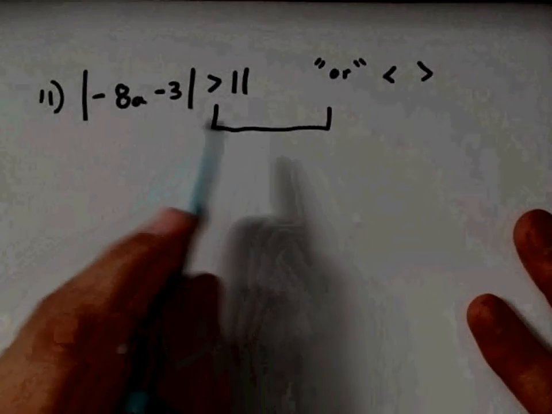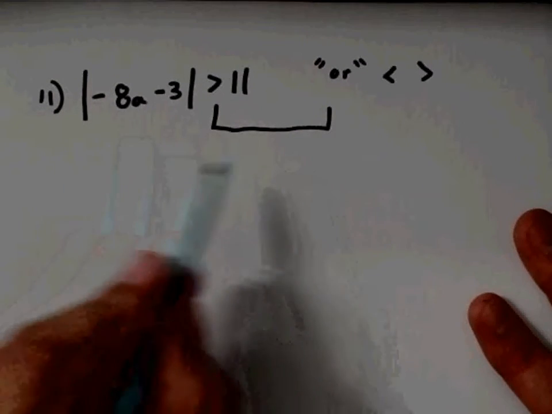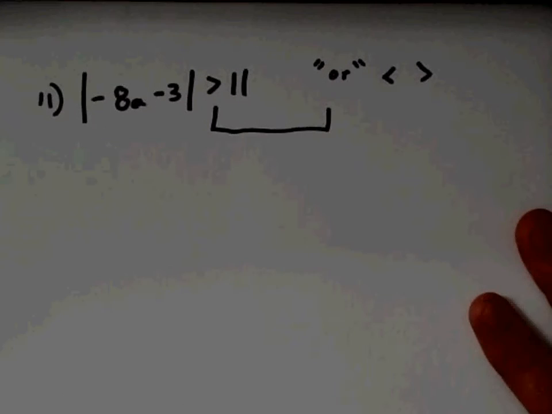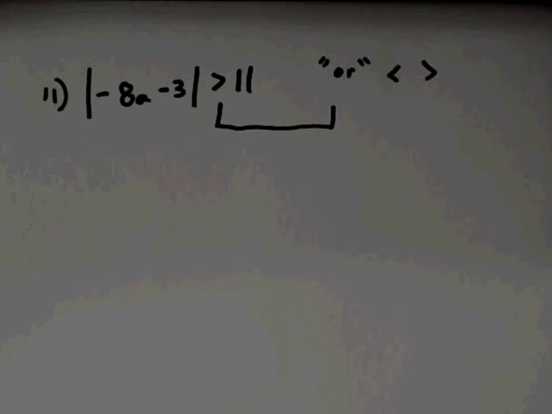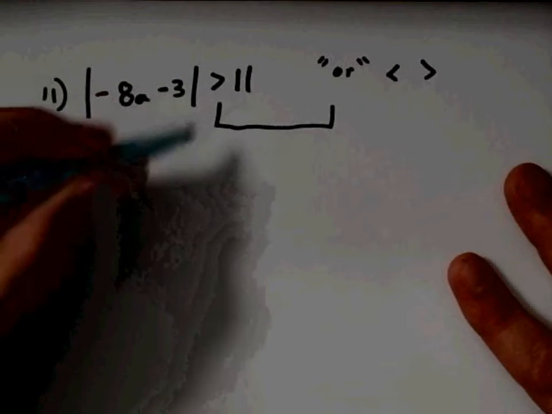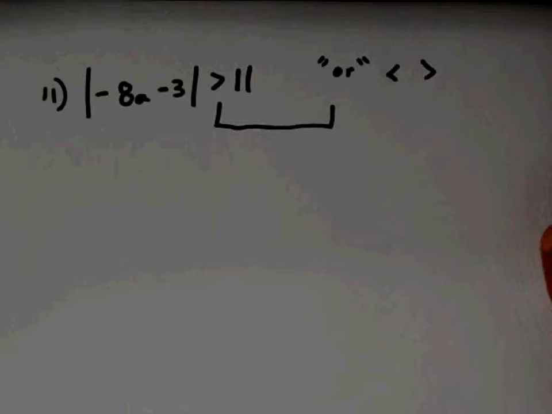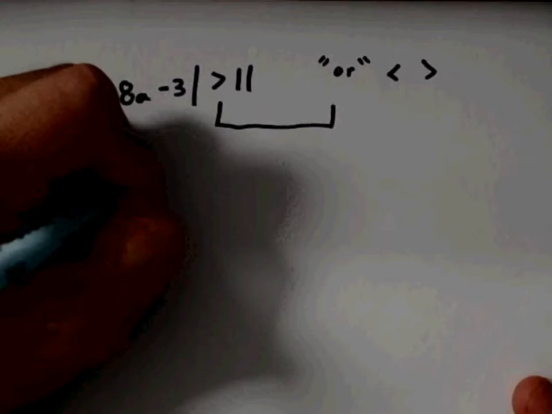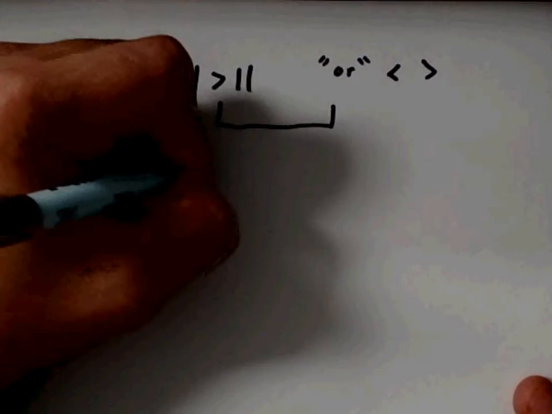So it goes off of your original. Right here, is there anything I have to clear on the absolute value? No. On the outside of the absolute value, there's nothing there. And so what I want to do now is lose the absolute value signs. I can break this down into two equations, and therefore the absolute value signs can go away. So my original one is going to be negative 8a minus 3 greater than 11.